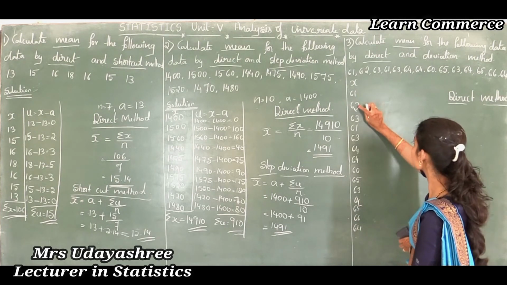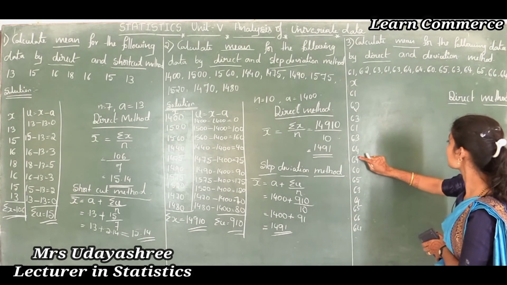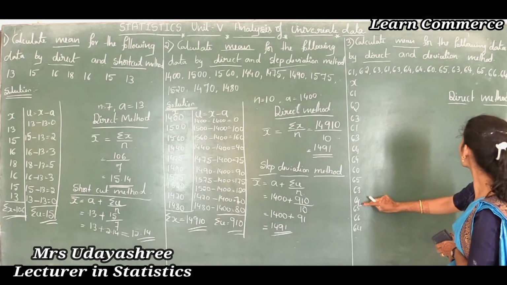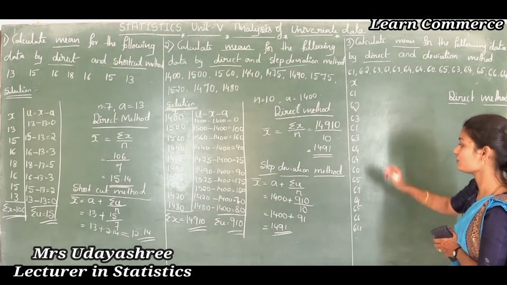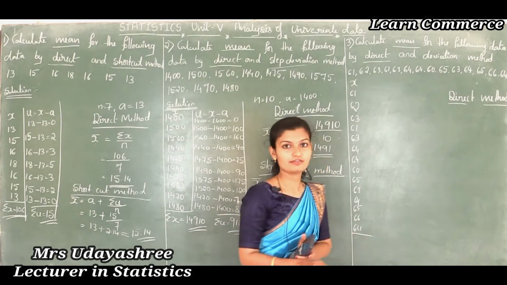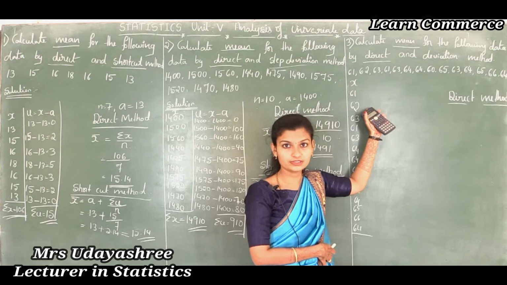So these are the given observations, and to calculate mean, these are ungrouped data.